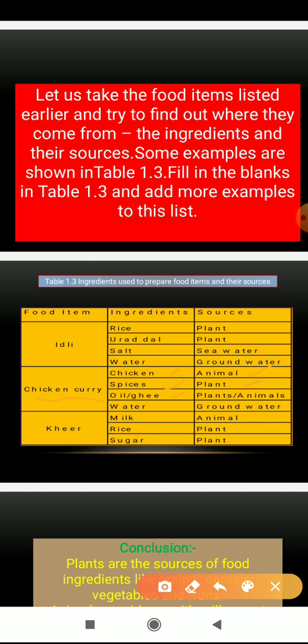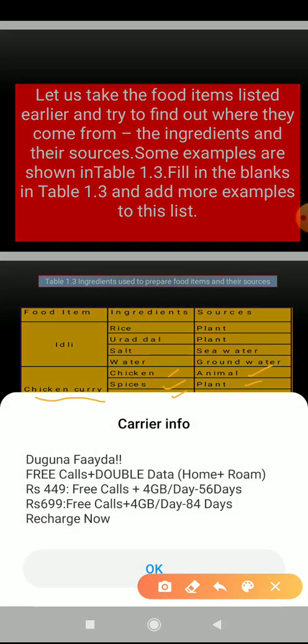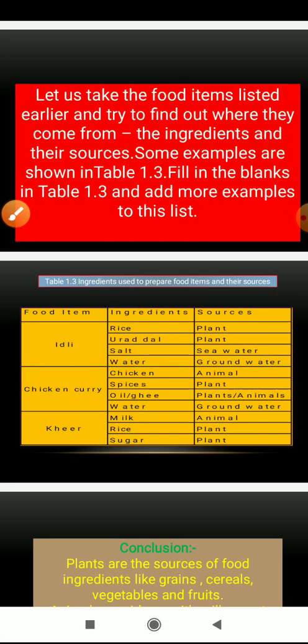And ghee is prepared from milk, and we know that we get milk from animals. So the source of oil is plant and the source of ghee is animal. Next ingredient is water, and we know that the source of water is groundwater.